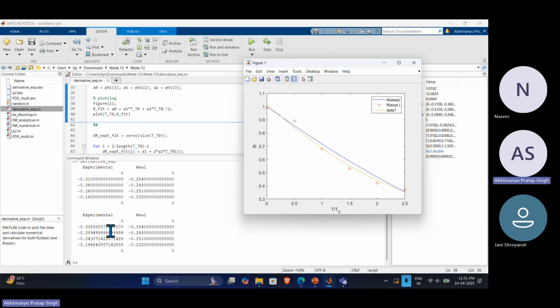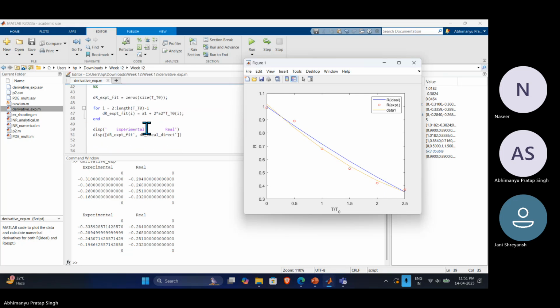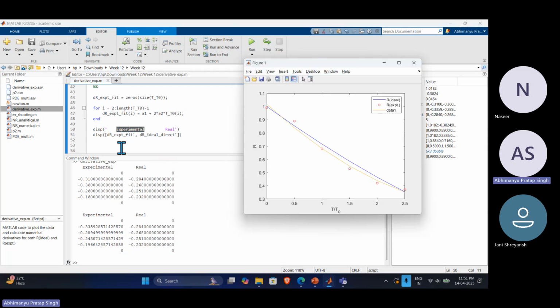So now you see, this is a fitted data, not an experimental data.